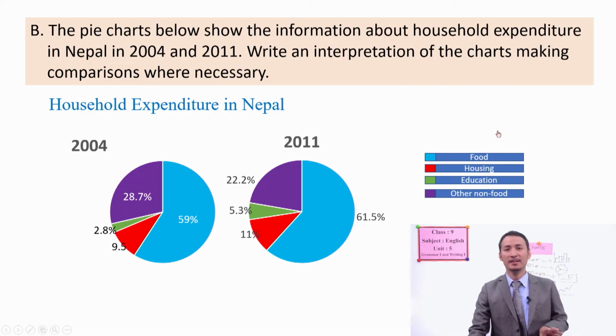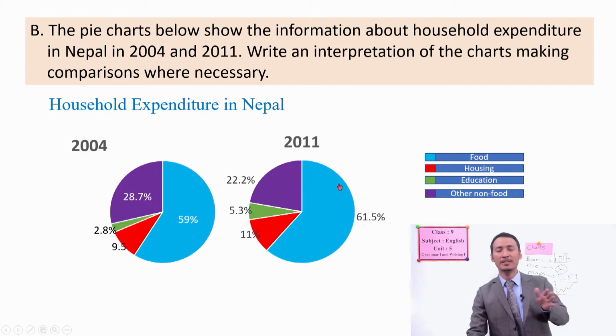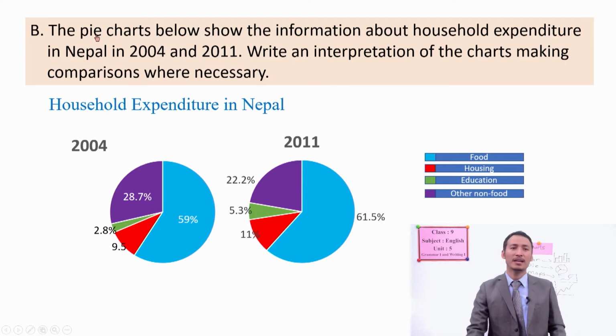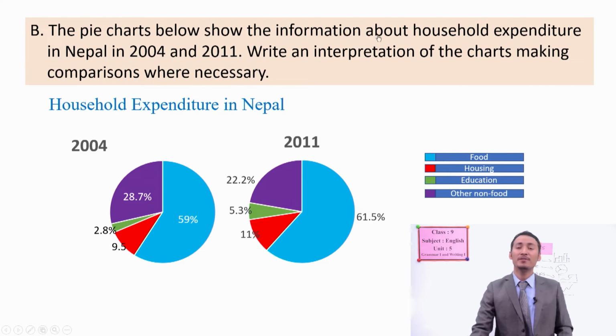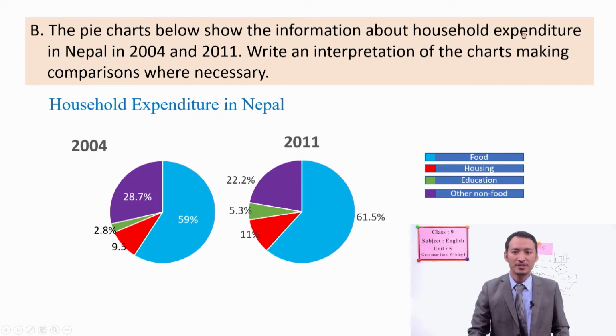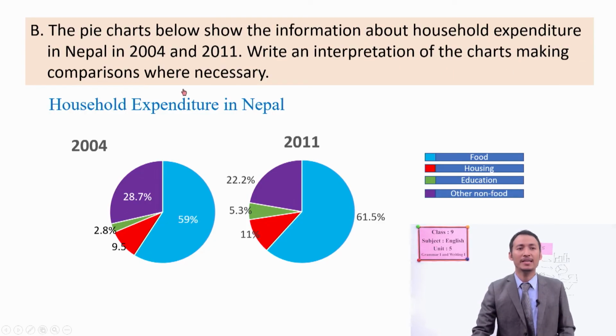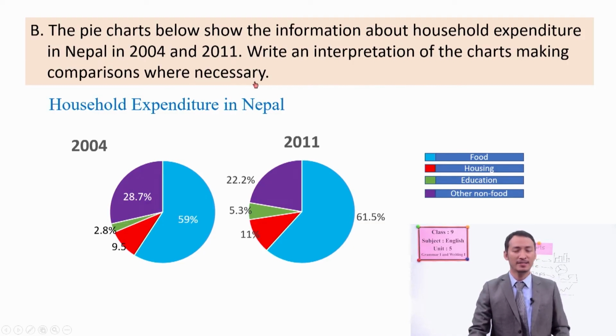You can see the same kind of expenditure, but with differences in the amounts. The pie charts below show the information about household expenditure in Nepal in 2004 and 2011. Write an interpretation of the charts, making comparisons where necessary.